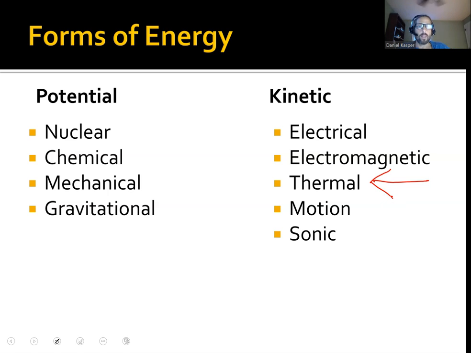Everything above absolute zero has thermal energy. Thermal energy is just the vibrating of the molecules in a substance. Everything around you right now, because it has a temperature above absolute zero, if you could shrink yourself down to the molecular level, you would see that the molecules are actually vibrating.